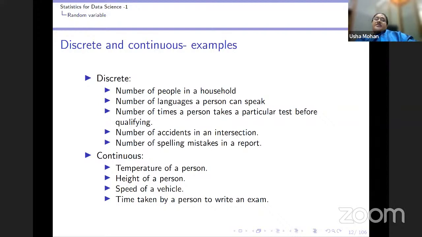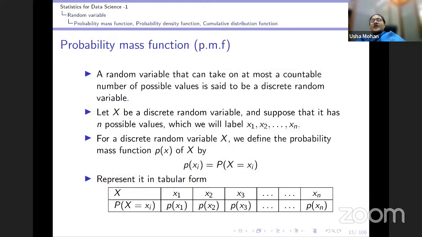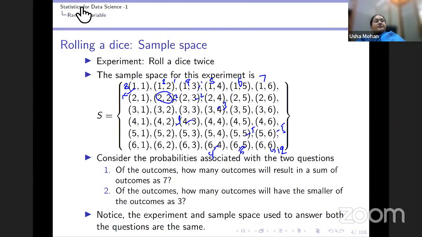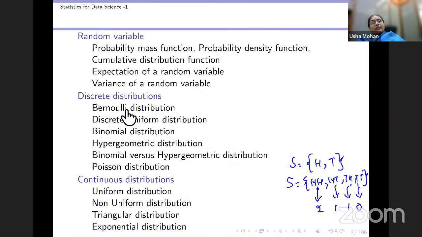For the rest of the session, we are going to focus on specific distributions which are modeled as discrete or continuous. We are going to look at some special, very well-known distributions. For discrete, I'll look at Bernoulli, binomial, hypergeometric, and Poisson.